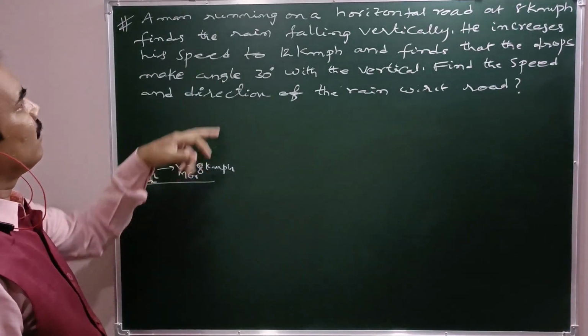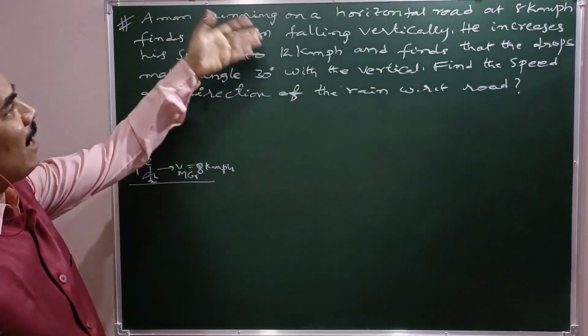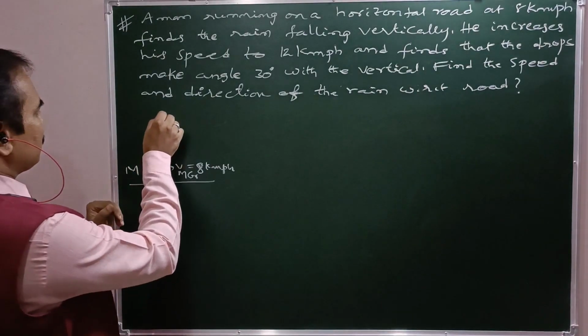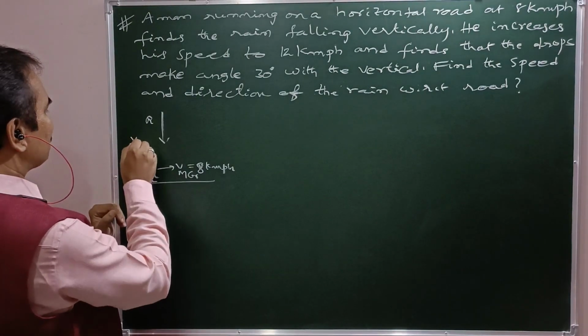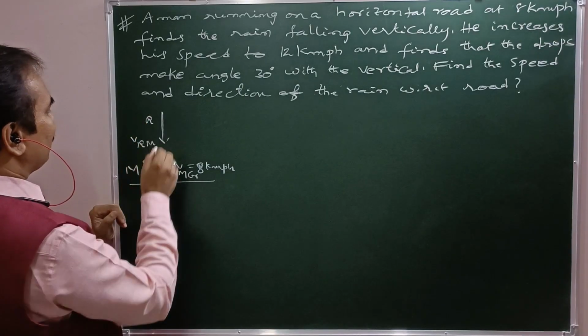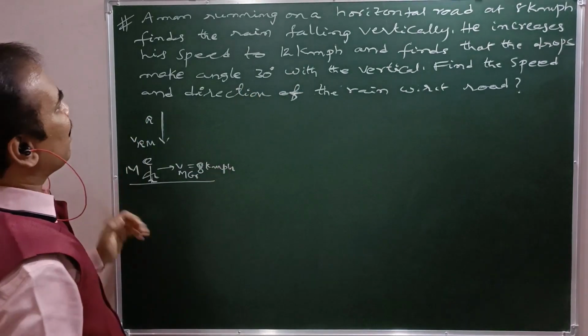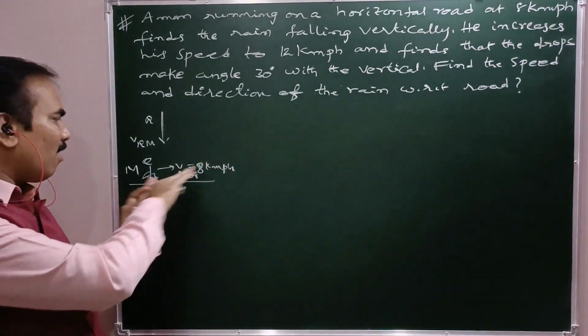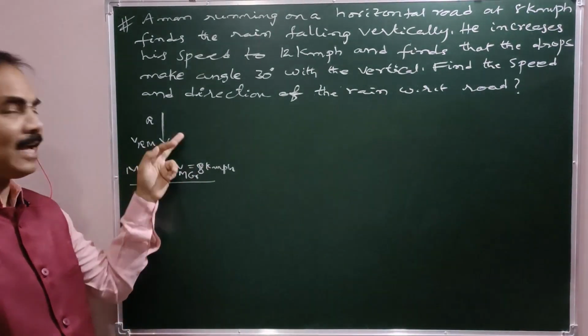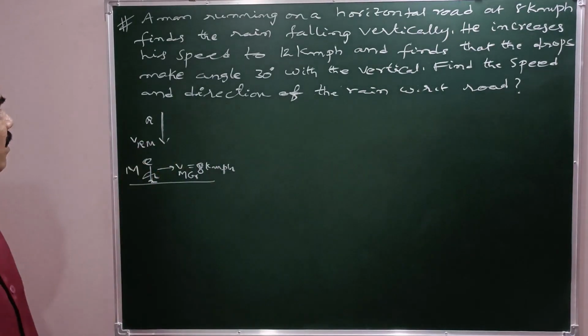So he finds that rain falling vertically downwards. See, rain falling vertically downwards. This is what velocity of rain with respect to man. What is the velocity? Unknown, not given. So he finds with respect to horizontally running man, rain appears to fall vertically downwards, right?